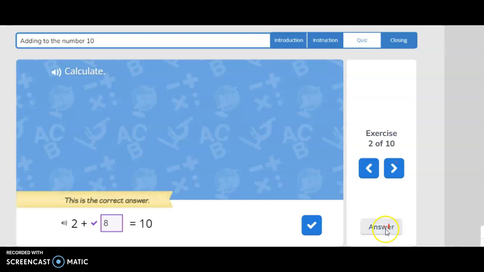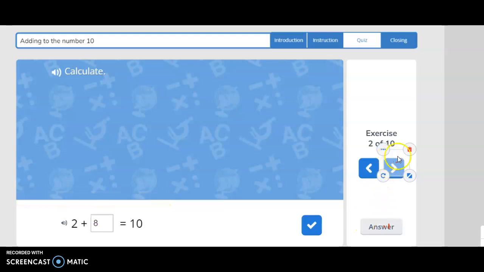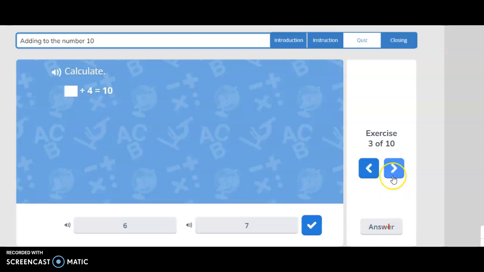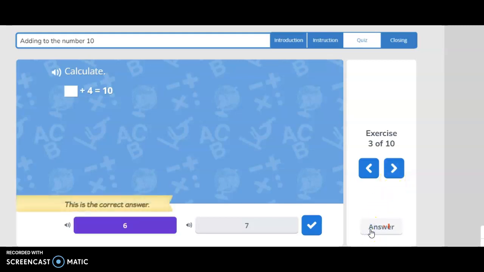If you said 8, you are correct. What plus 4 will give me 10? If you said 6, you are correct.